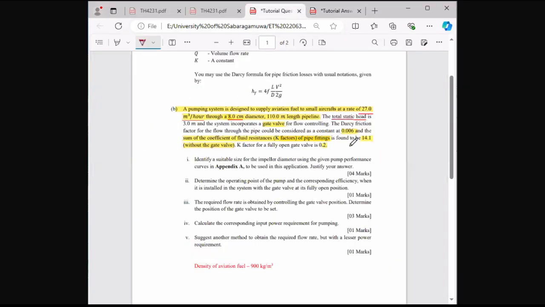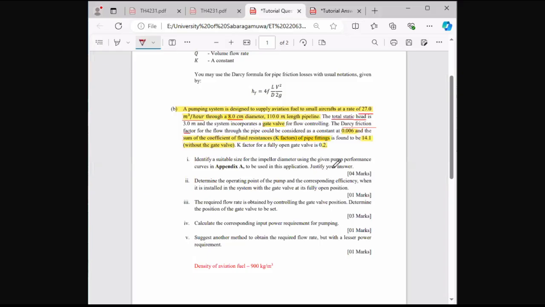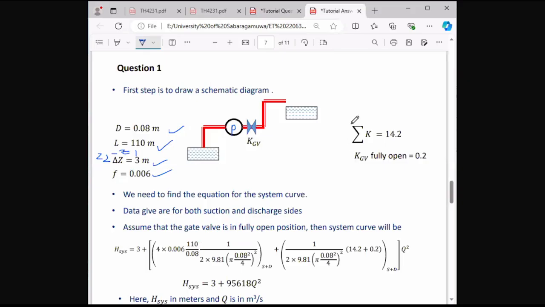Then the friction coefficient, Darcy friction factor, 0.006 is given. And they gave all the component coefficients, the sum of the coefficients of fluid resistance of pipe fittings, all k values.